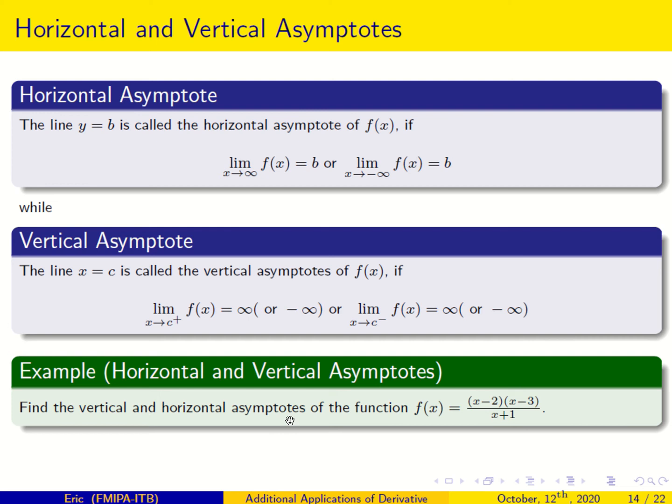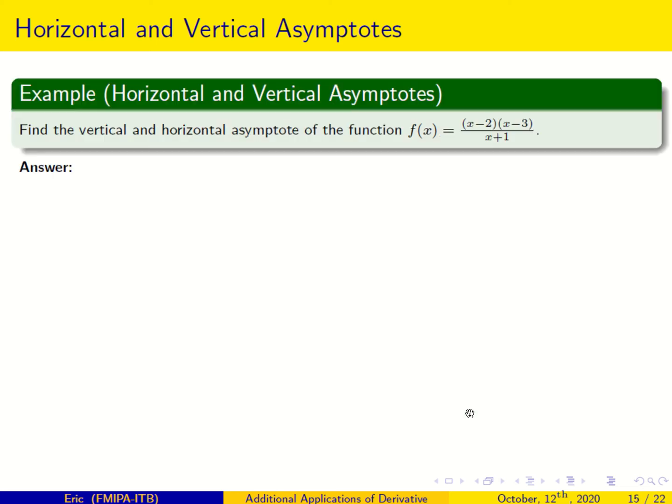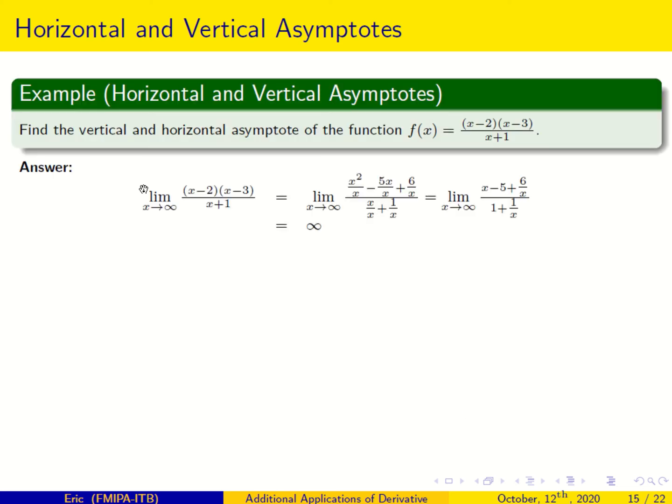Let's see an example. Find all the vertical and horizontal asymptotes for the function f. For the first one, we look at the function f, and we divide by the highest power. Oh, this is wrong. It should be divided by x squared.